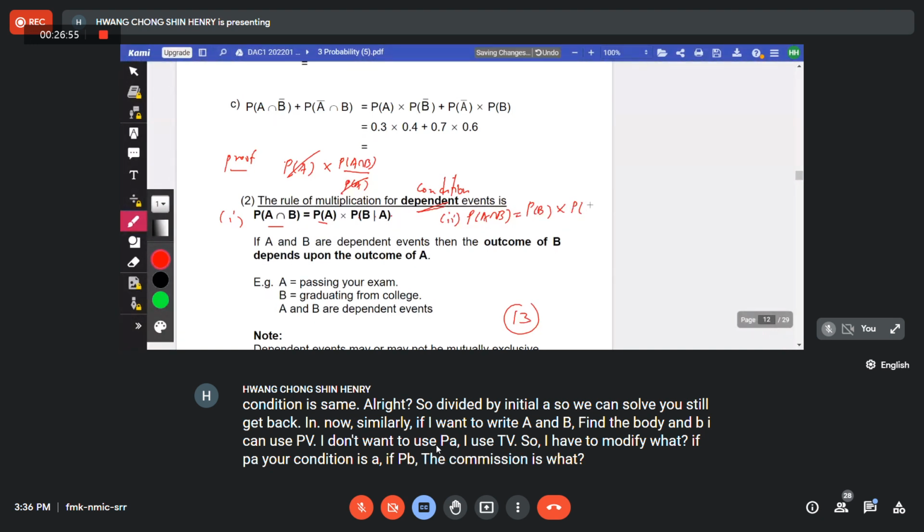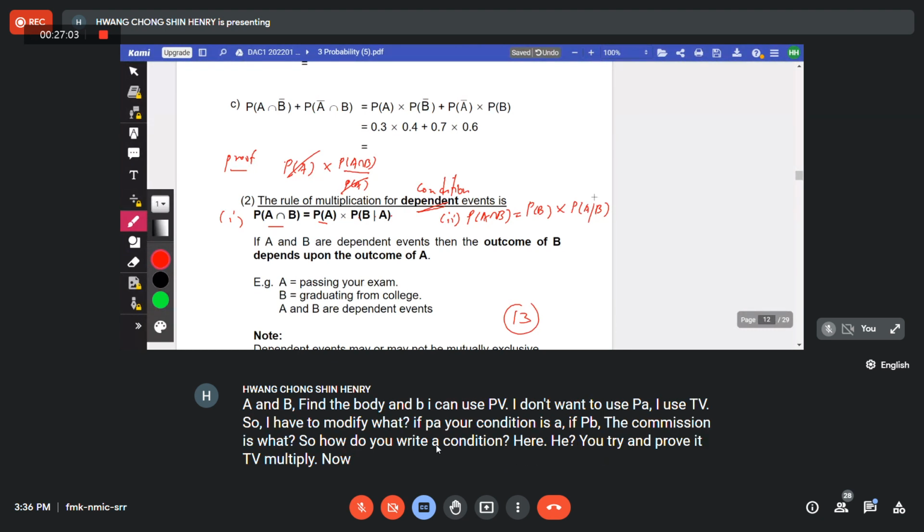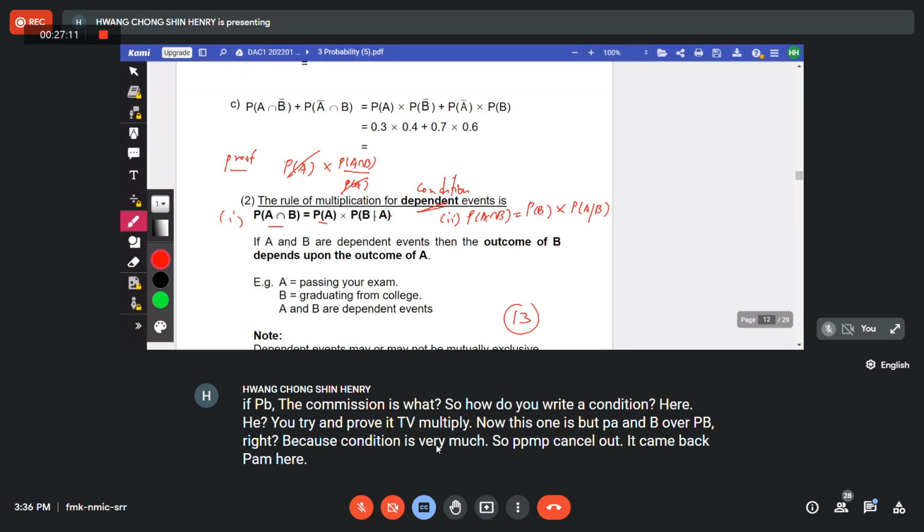B. So how do you write? A given B. You try and prove it. P(B) multiplied by P(A and B) over P(B), right? Because the condition is B. So P(B) and P(B) cancel off. You get back P(A and B). Can everyone follow? So remember, if it's dependent, there is a condition there.